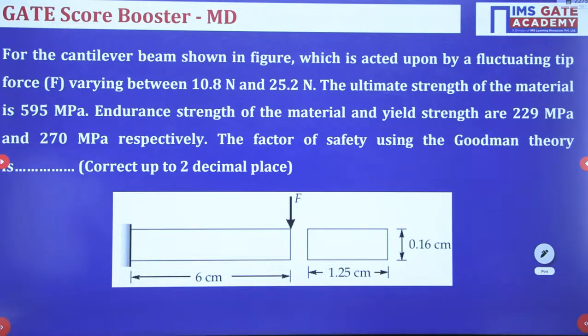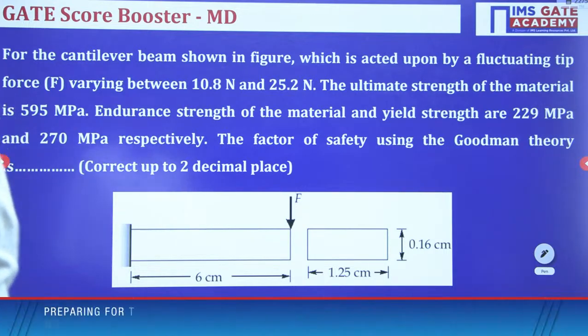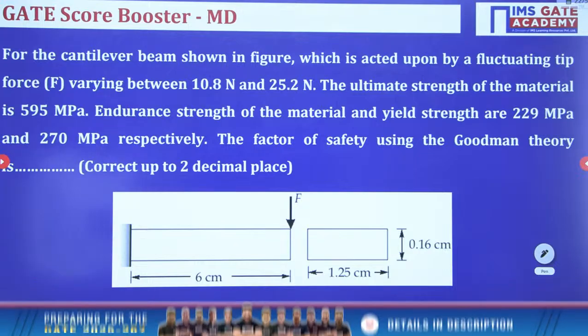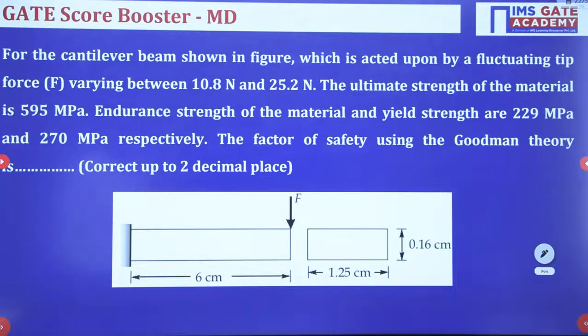The ultimate strength of the material is 595 megapascal. Endurance strength and yield strength are 299 megapascal and 270 megapascal respectively. Find the factor of safety by using Goodman theory.